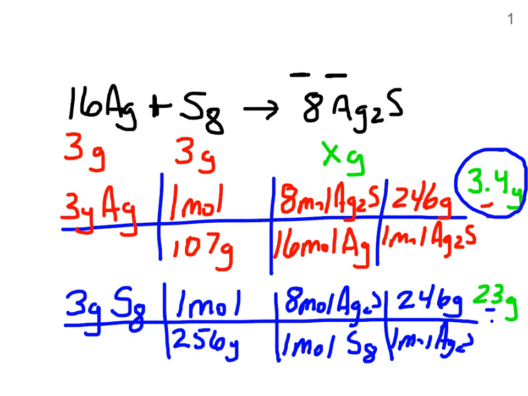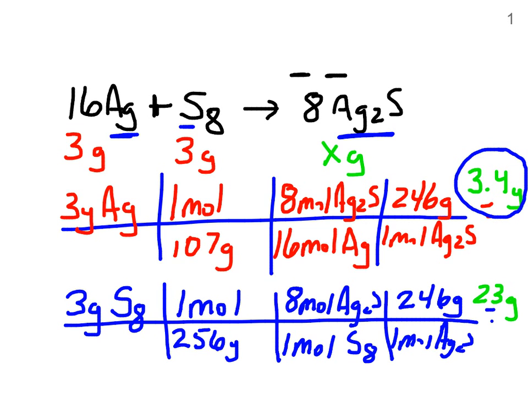Now this is kind of the normal way that a reaction would take place, because you're trying to ensure that all the silvers are going to find all the sulfurs, and you want to maximize your yield of silver sulfide. So you're always going to put in more of the substance that is the cheapest, and obviously sulfur is a heck of a lot cheaper than the silver.